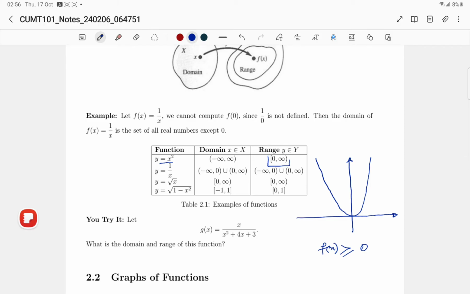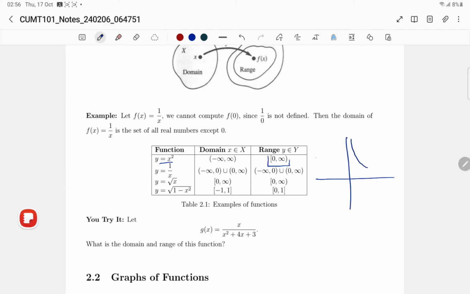For y is equal to 1 over x, it generally looks like this. That's for y is equal to 1 over x. You can actually see the range of this.